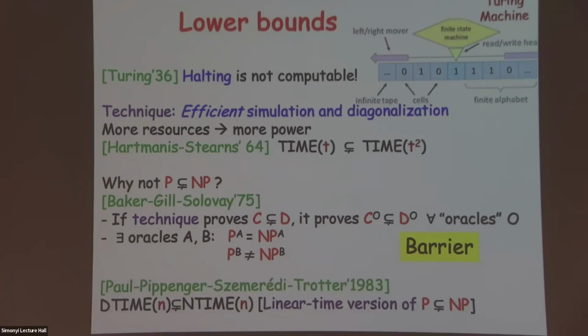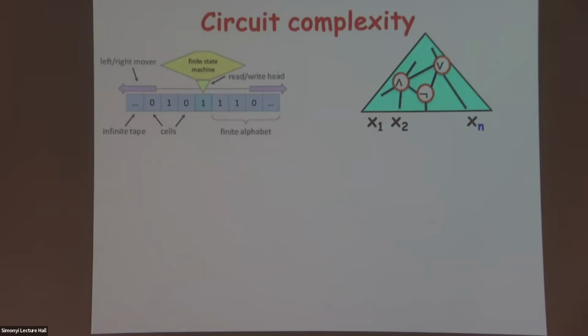So in the 80s, it was the age of combinatorics. Let's do combinatorics for lower bounds. And this comes from a very simple connection between Turing machines and Boolean circuits. Boolean circuits are just hardware elements that simulate computation by Boolean operations.